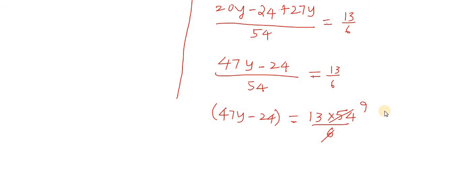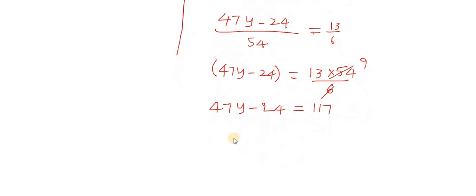Okay, now 9 into 13, that is 117. So here 47y minus 24, which is equals to 117. Now bring this side, 47y is equals to 117 plus 24.